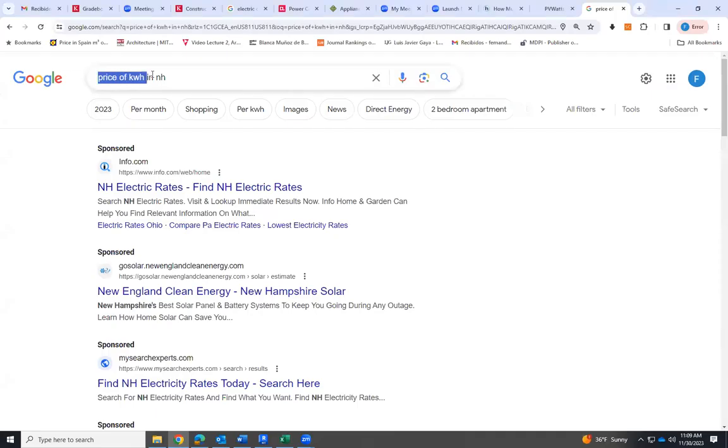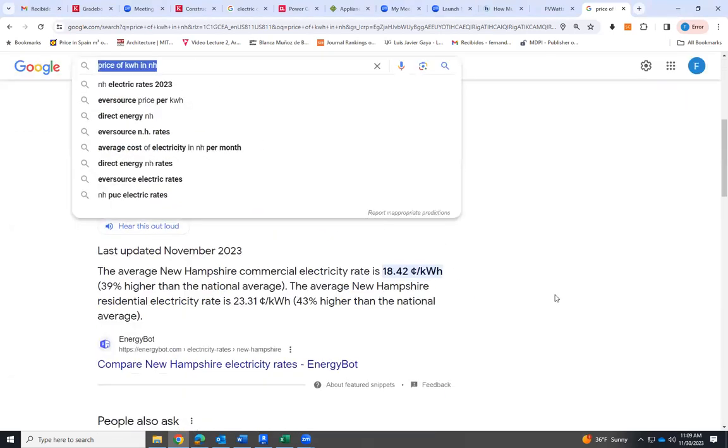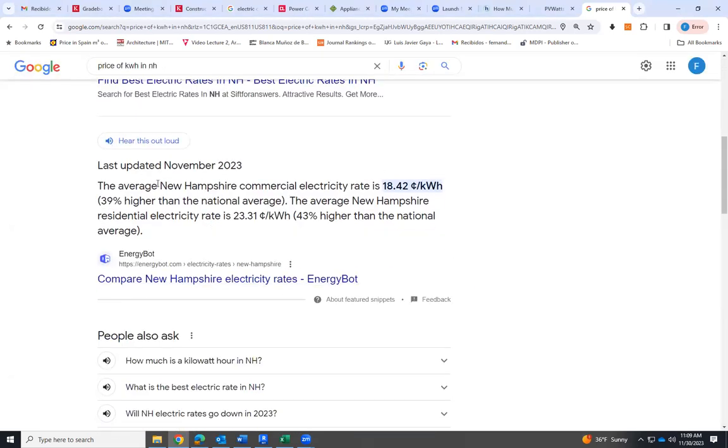We have to Google. If we Google the price of a kilowatt hour in New Hampshire, then we have this information. The average New Hampshire commercial electricity is 18.42 cents per kilowatt hour, but residential electricity is 23 cents, 40% higher than the national average.